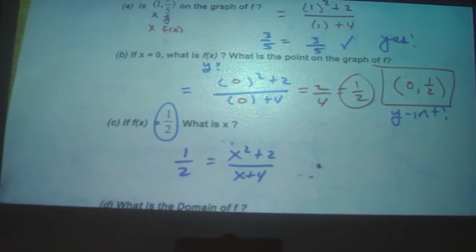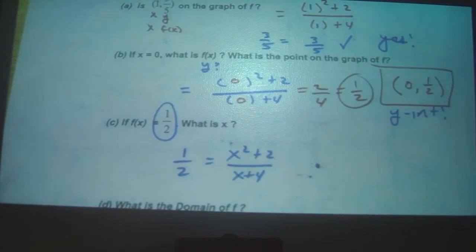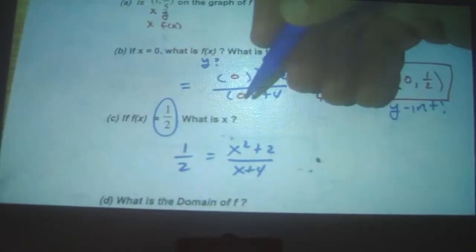Easy thing to do. Yeah, multiply by the reciprocal.